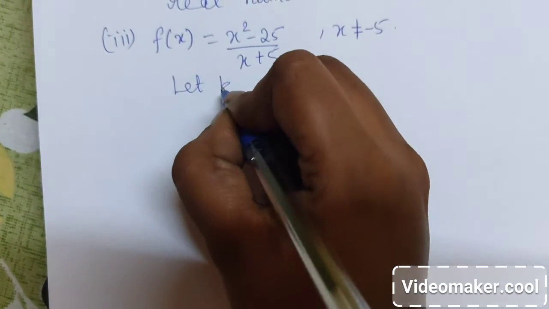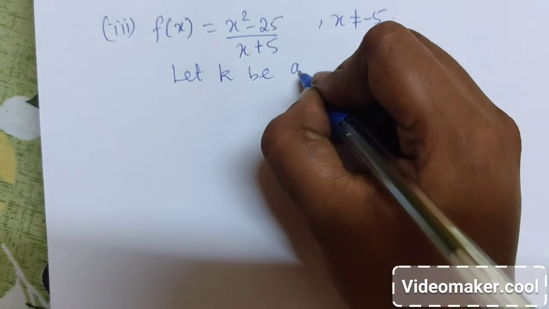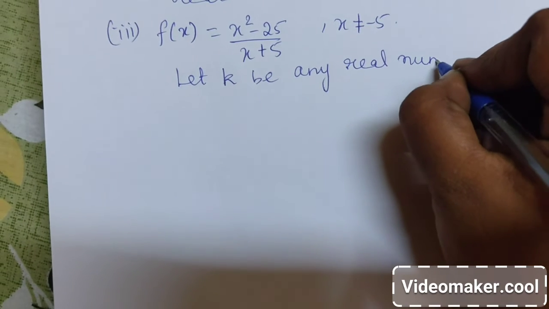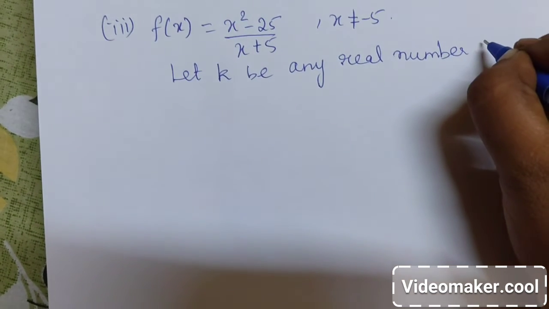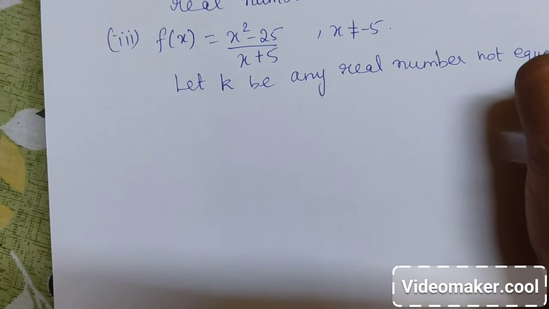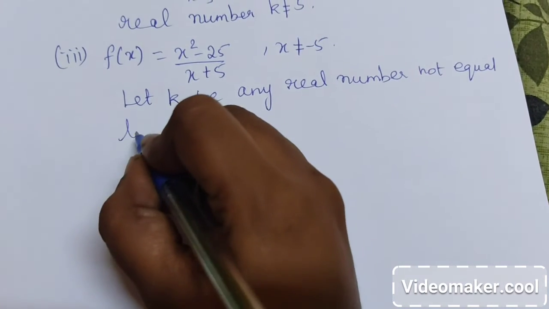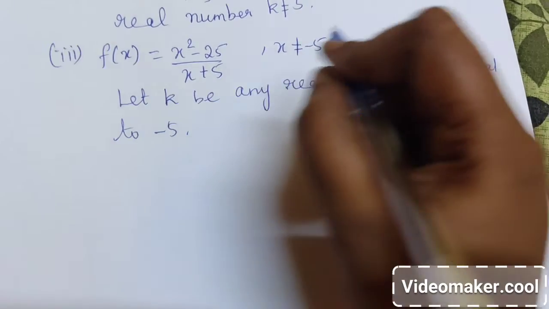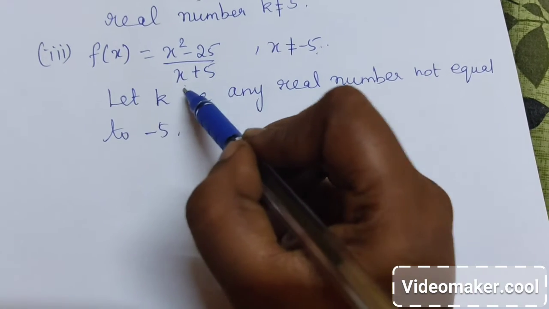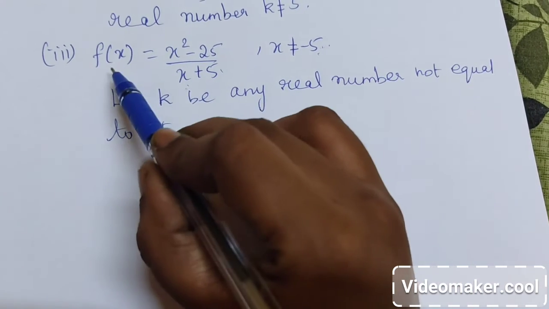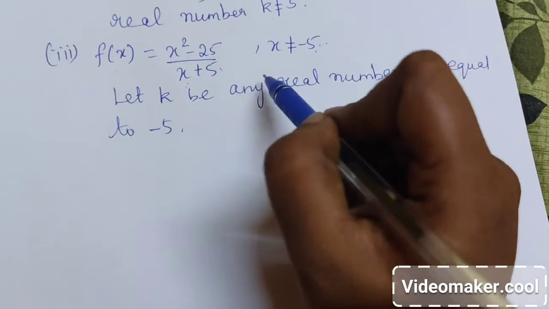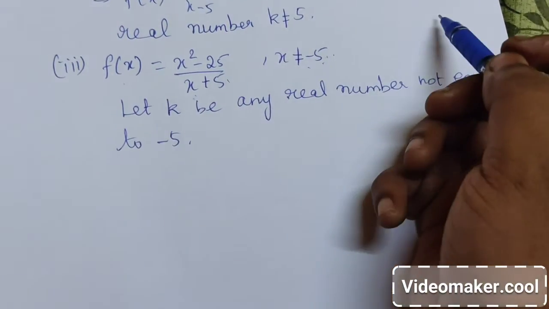Let k be any real number not equal to minus 5. Suppose if x is equal to minus 5, we will get an undefined value. So they have defined the function on the real numbers where the real number is not equal to minus 5.